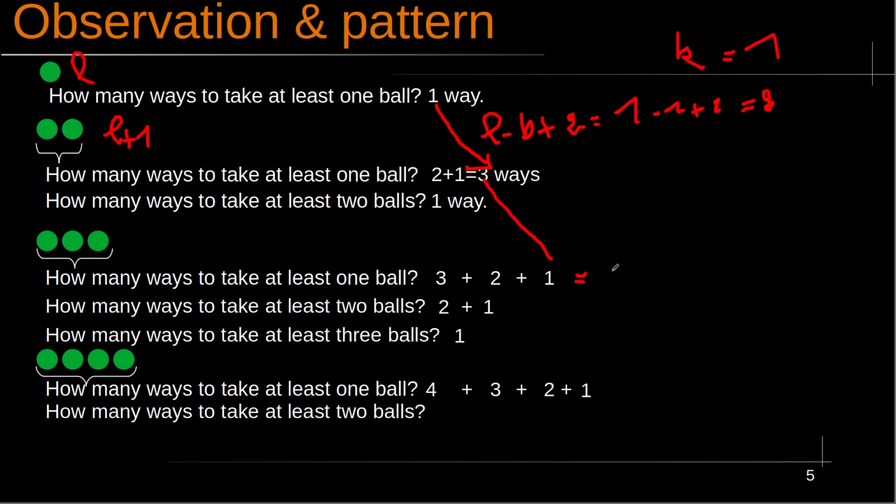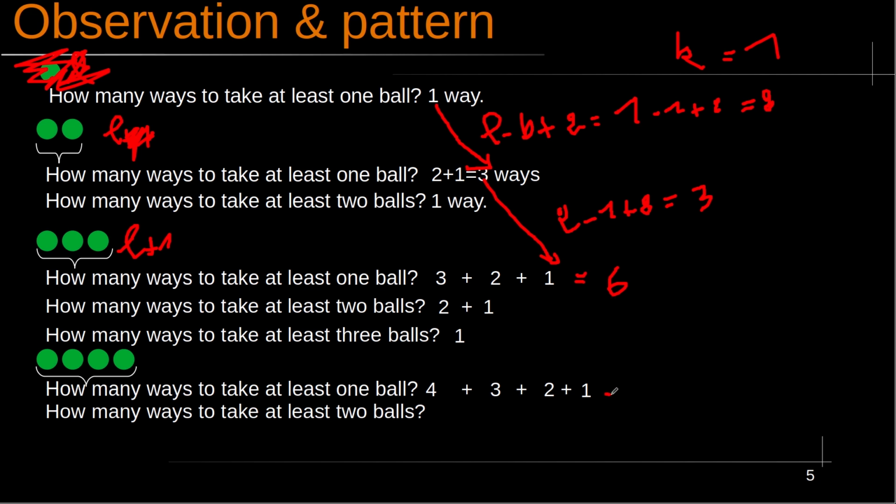Let's see between this and this. For K equal to 1, this is equal to 6 here. This is now L, this is L plus 1. The difference will be L, which is 2, minus K equal to 1, plus 2. The difference is equal to 3 between this one and this one. It's correct, you see.